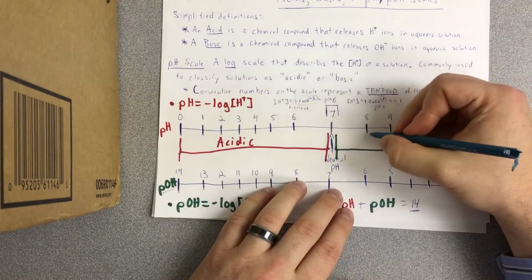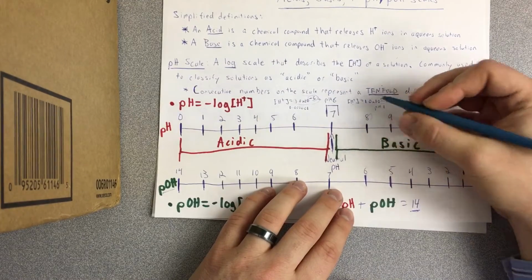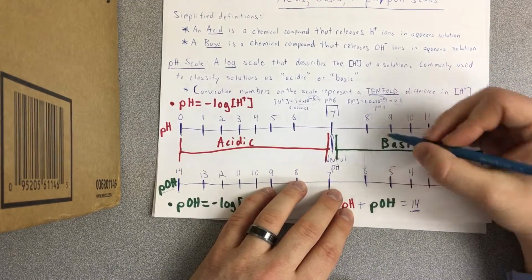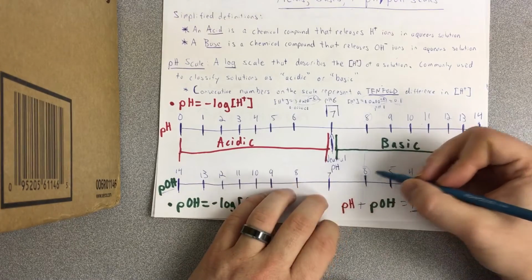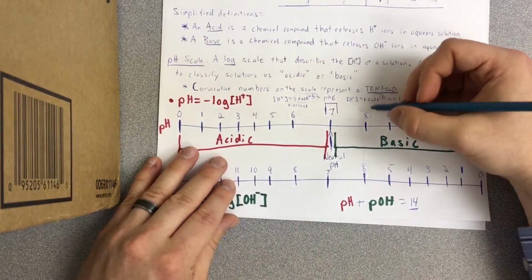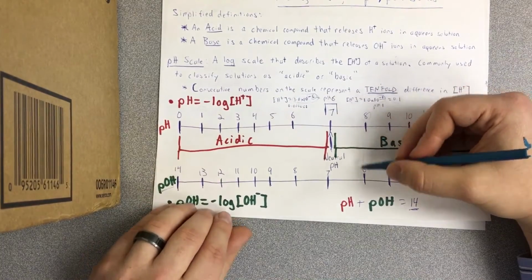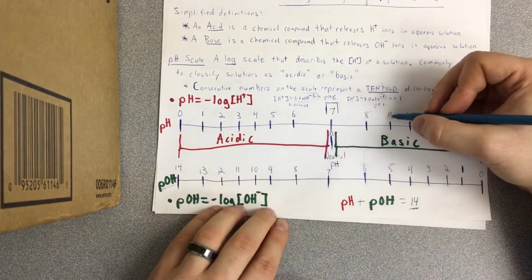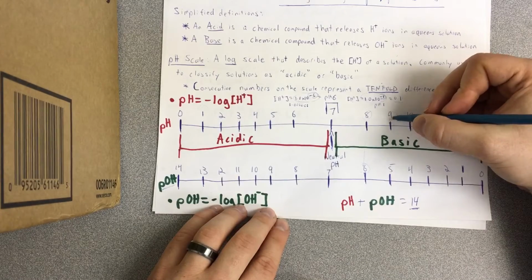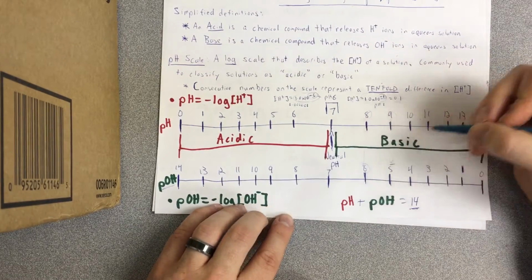For example, if we have a solution that has a pH of 8, the corresponding value on the pOH scale would be a value of 6. So a solution with pH of 8 also has a pOH value of 6. Similarly, a solution with pH of 9 would have a pOH value of 5.